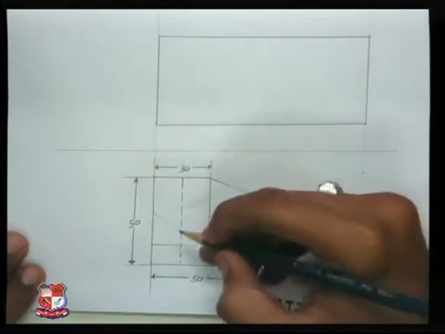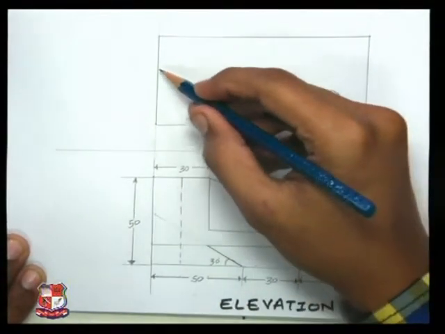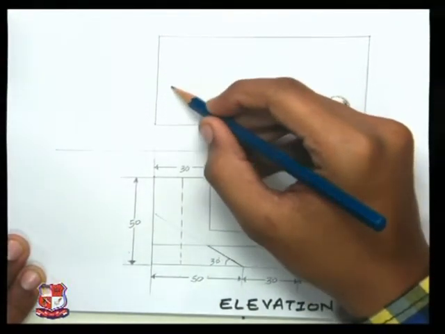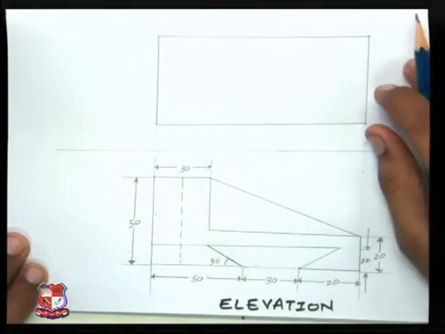Now from this projection we will draw our circle, semicircle, which can be seen over here from the bottom view.